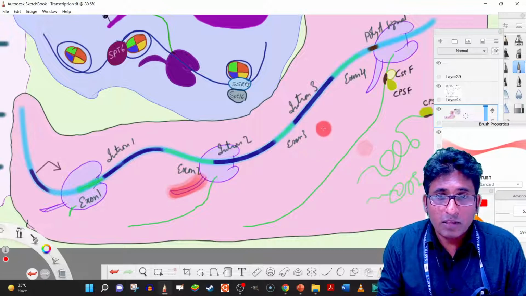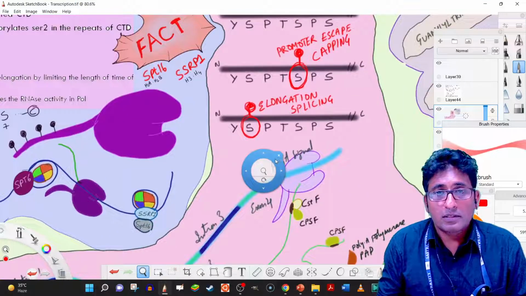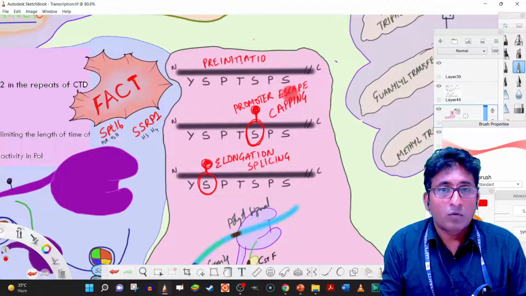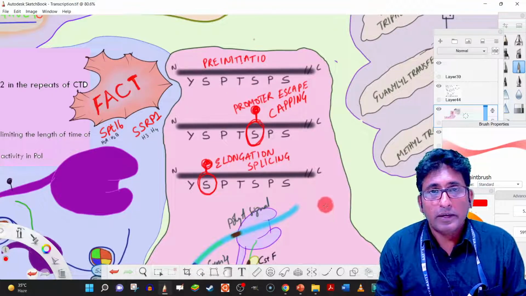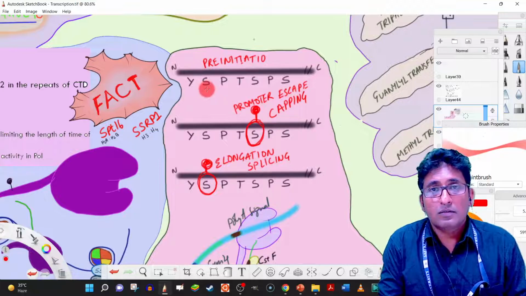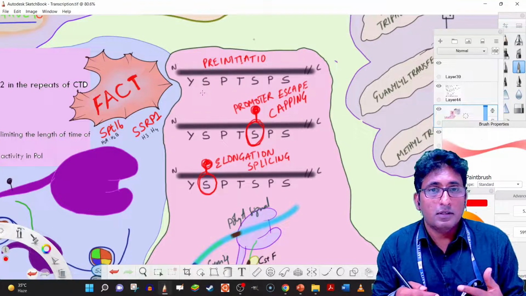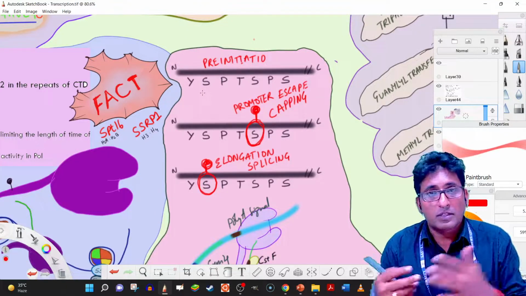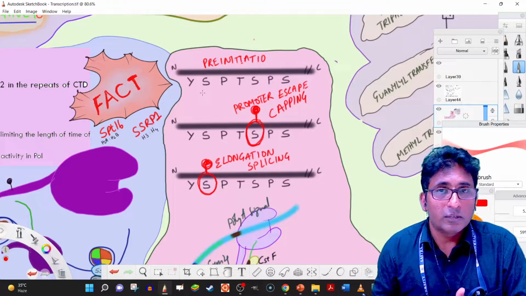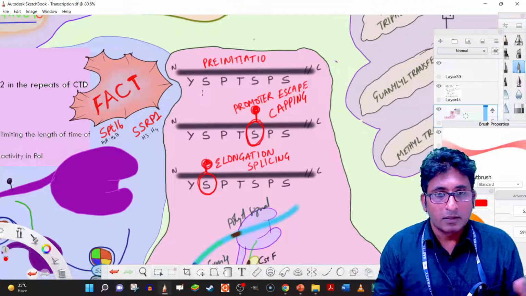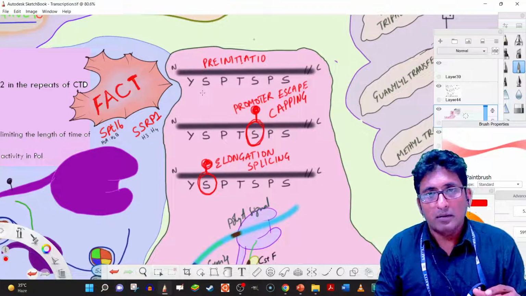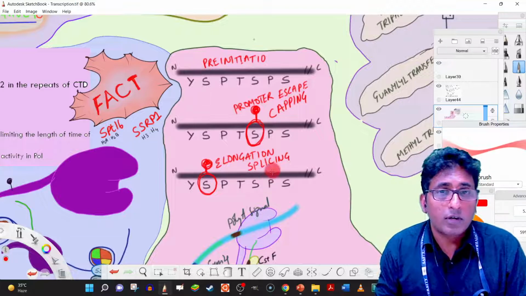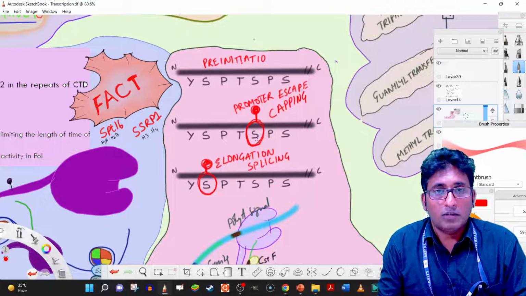Within it we have a motif, YSPTSPS, which is repeated multiple times, and the phosphorylation state of this motif will determine what proteins bind onto the tail, and then from the tail they will hop onto the newly emerging mRNA. So all these proteins keep coming onto the tail, and from the tail to the RNA, based on the phosphorylation status of this motif.